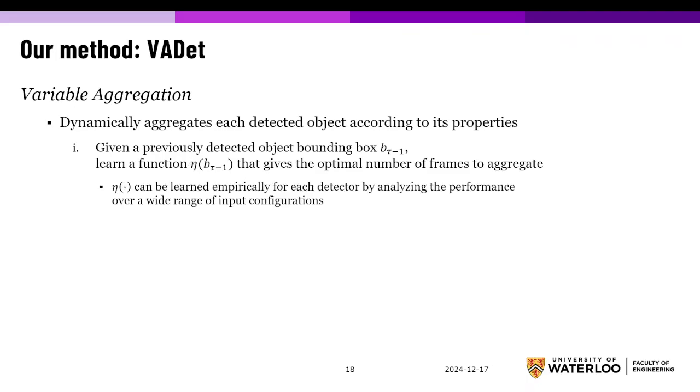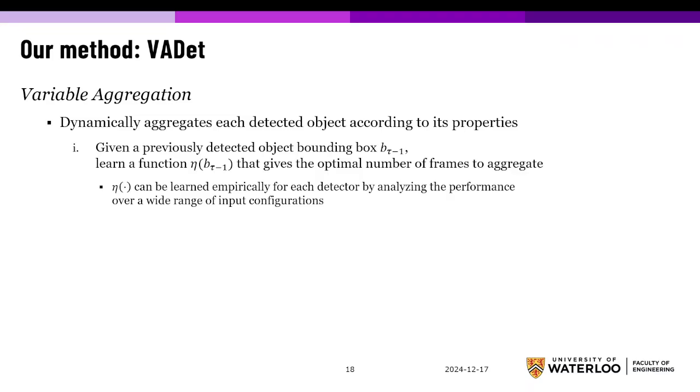And because that curve that I showed on the previous slide can very much depend on the architecture and how the model is trained, we learn this function eta empirically for each detector by performing an in-depth analysis of the performance over a wide range of input configurations.